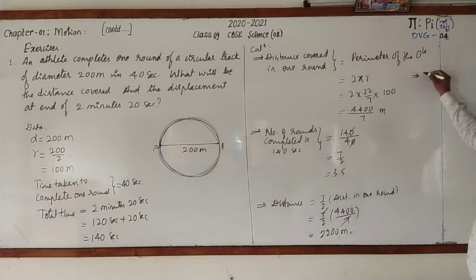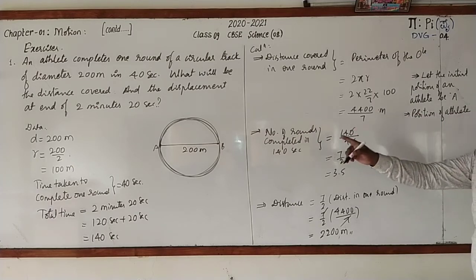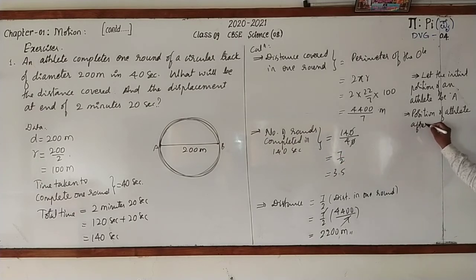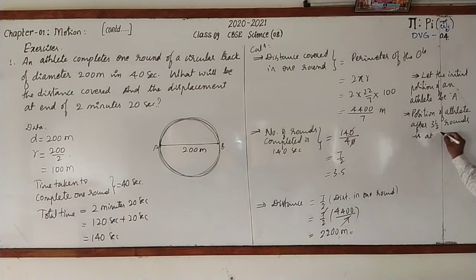Clear? So here I write: let the initial position of the athlete be A. Then the position of the athlete after 3.5 rounds is at B, which is nothing but the diameter.